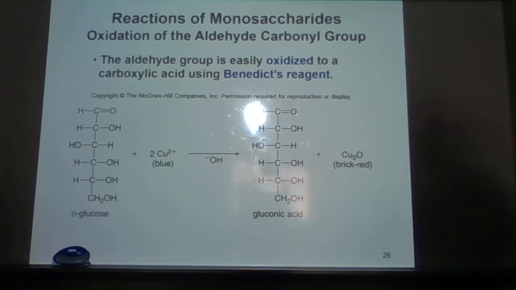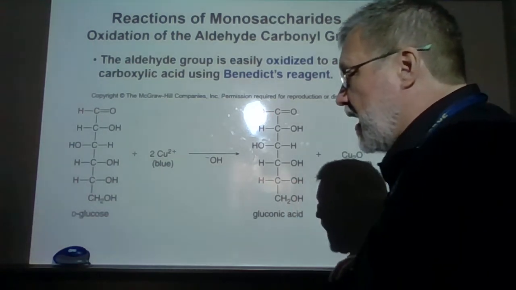Other reactions that these materials can do. Glucose can be oxidized from the corresponding aldehyde up to the corresponding carboxylic acid. The reagent called Benedict's reagent, it's a copper cation catalyzed reaction. OH is essentially added to this carbon to get you to the corresponding carboxylic acid.